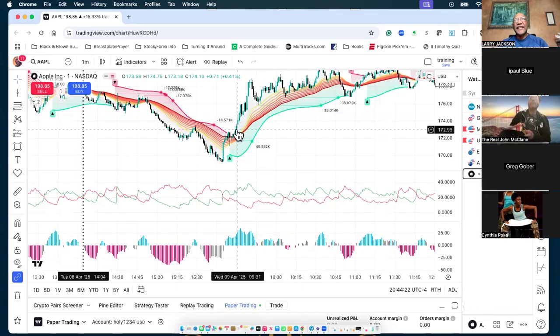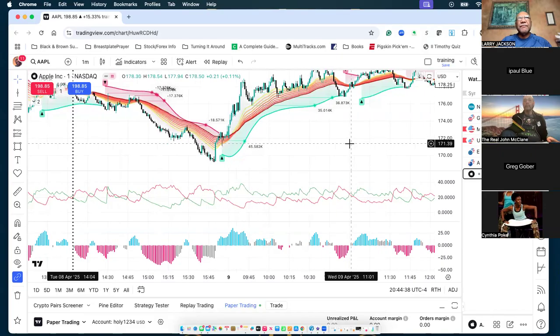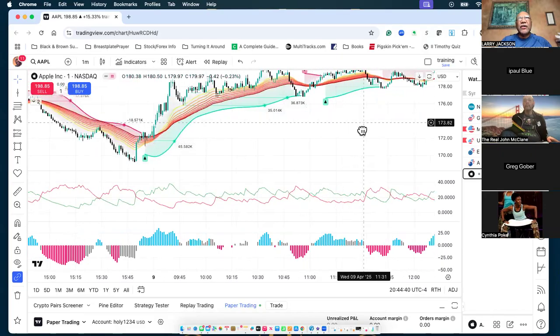And this is the indicator that's the reason why I decided to do this call, because this thing has kept me out of so much trouble. I was telling my wife today, I would have probably lost money several times today if it wasn't for this indicator. And I didn't take a trade all day today.